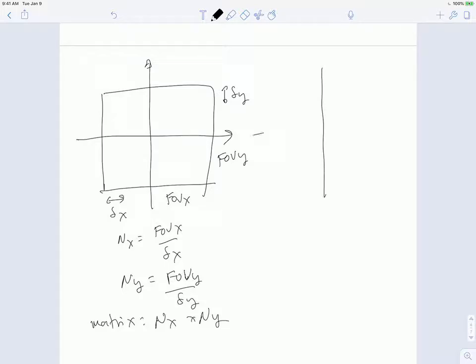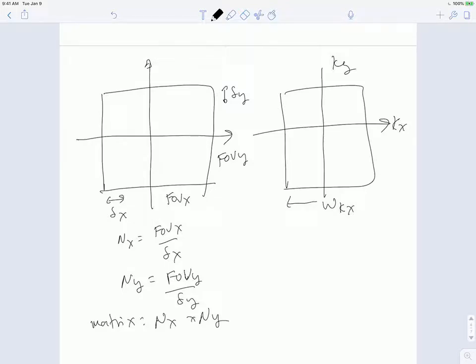And then in the frequency domain, you have Wkx and Wky, the width in the x and in the y direction. And then you also have your delta kx and your delta ky.